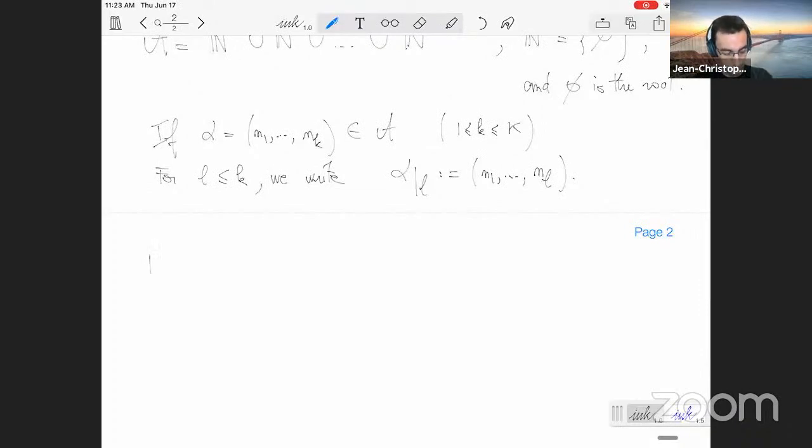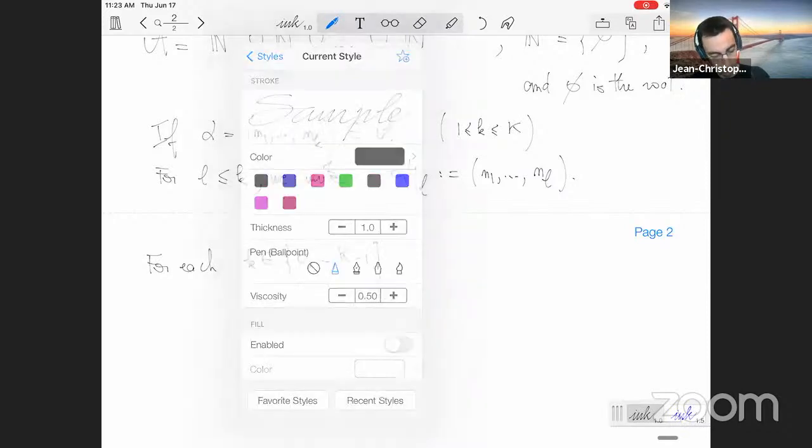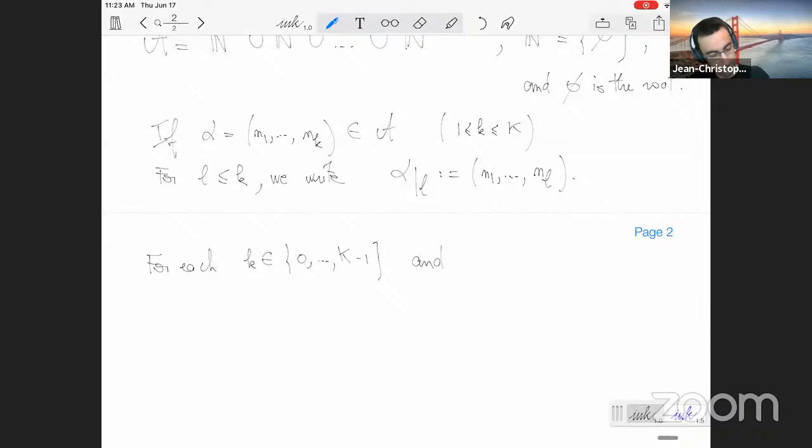So they are all independent of one another.